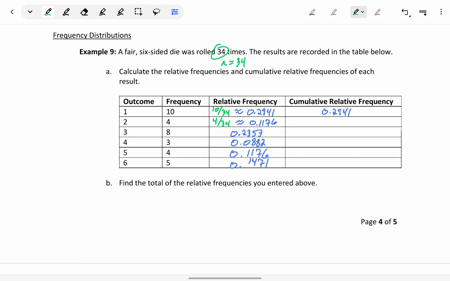To get the cumulative relative frequency of an outcome of 2, meaning how many times we got 1 and 2, we would take that preceding value and add the relative frequency for this outcome. So we would take 0.2941 and add 0.1176 to get 0.4117. And then to that result, we would add 0.2353.